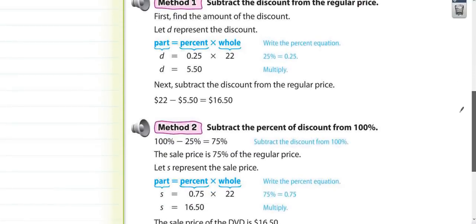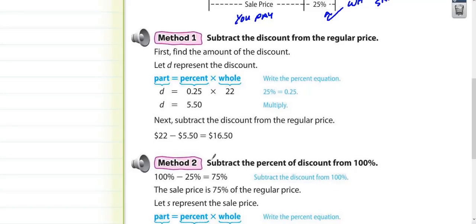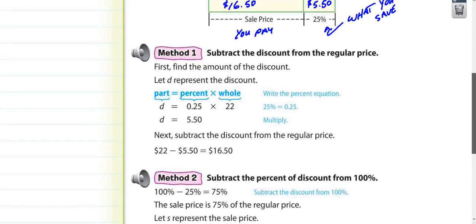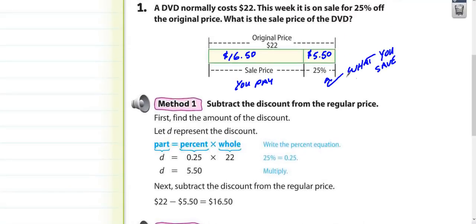As you might guess, there's a second method for doing it. The second method is take 100% and subtract the 25%. If we go back up here, if what you save is 25%, then you pay 75%. Let's make sure my 7 doesn't look like another 2. There you go.